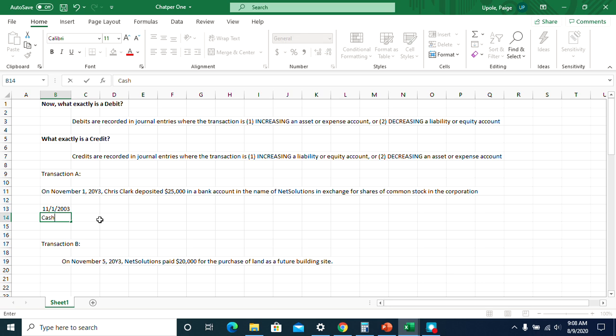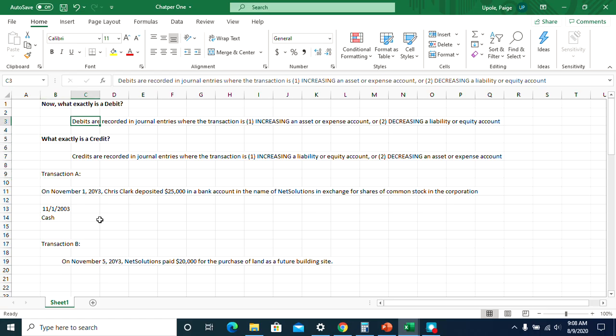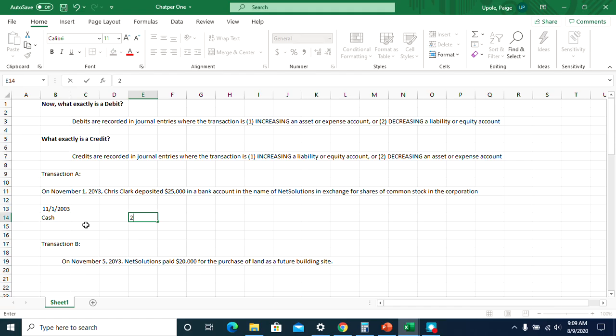I know that I'm debiting cash because if I look up at my reminder of what a debit is, it's recorded when there is an increase to an asset or a decrease to a liability. We increased our cash because we received cash, right? And we're actually increasing our equity because someone is investing in our company. So we know our debit is cash, and the debit is always just the amount of the transaction, $25,000.